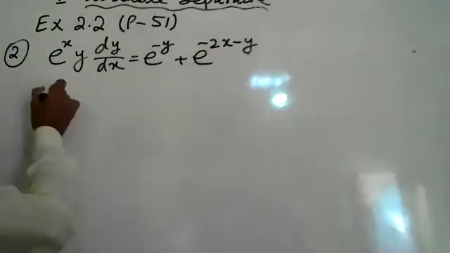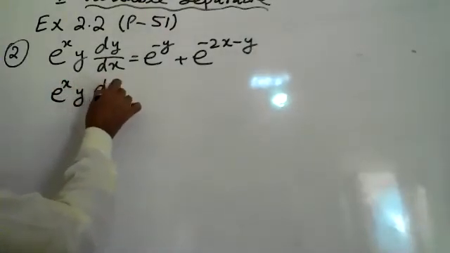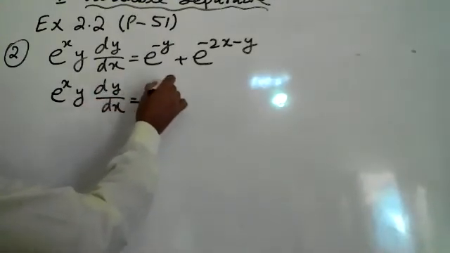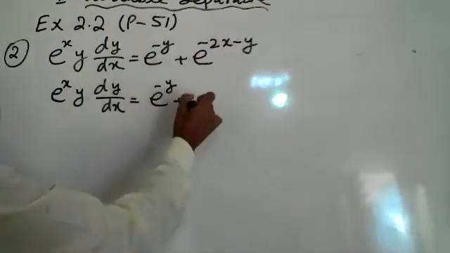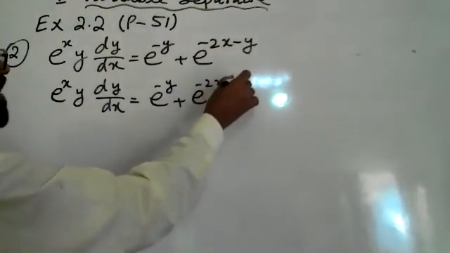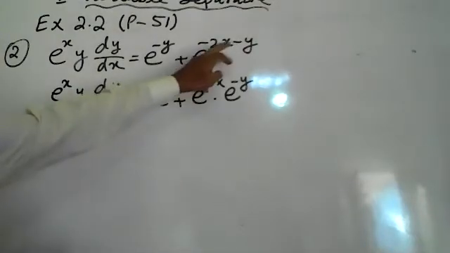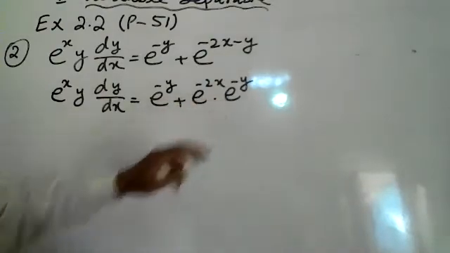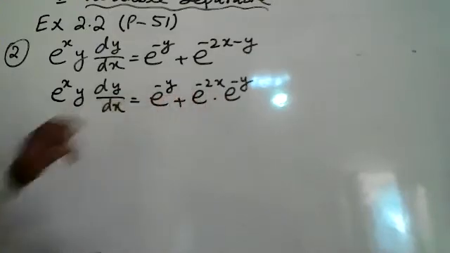It will become e raised to power x, y, dy upon dx is equal to e raised to power minus y plus e raised to power minus 2x into e raised to power minus y. When the powers are being added, it means they are being multiplied. From here we will take e raised to power minus y common.